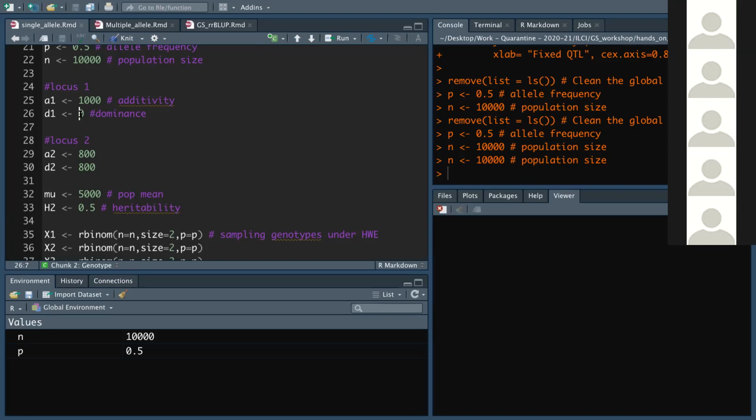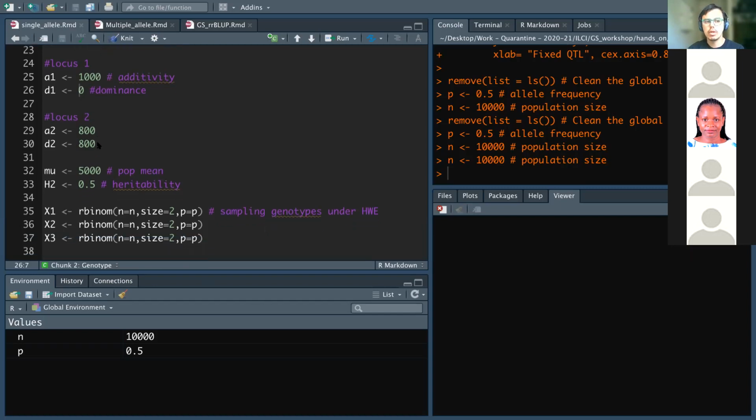Remember that with the models, we try to capture the additive effect, that is, how one allele is going to increase the phenotype in the population. With a linear regression, we can estimate that. The deviation from that additive effect is because of dominance. So here we have one locus with an additive effect and a 0 deviation of dominance, so this allele has a complete additive effect.